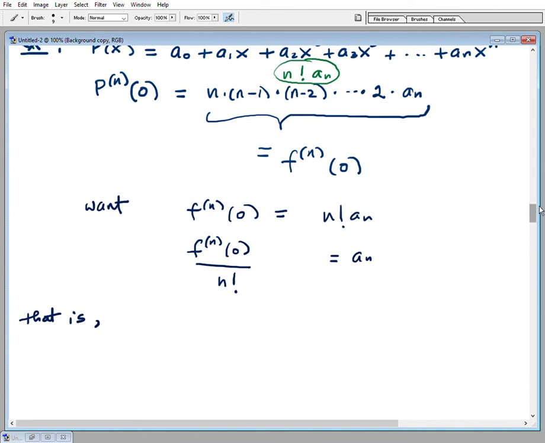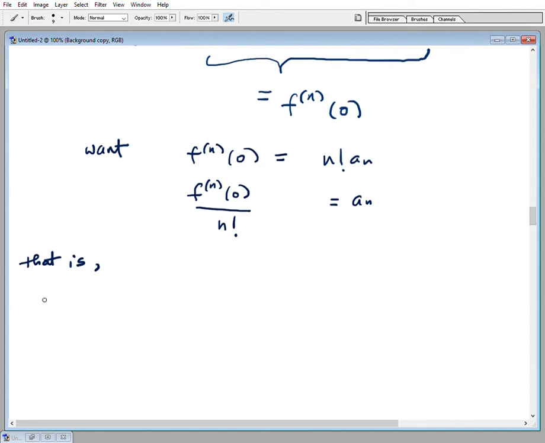In other words, this is what we're saying. If this is our polynomial, we'll make it equal to f of 0 plus f prime, f1 of 0 over 1 factorial, which is 1, times x to the 1, plus the second derivative over 2 factorial, which is the same as 2 times 1.